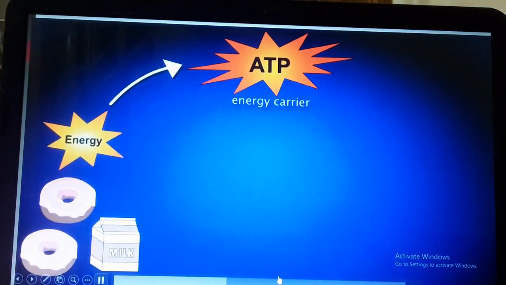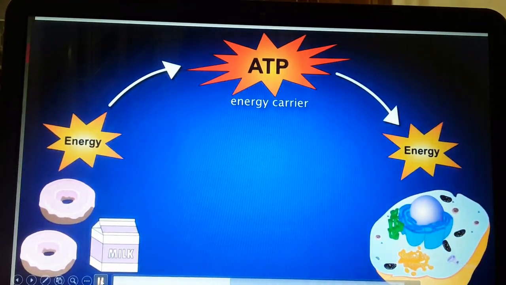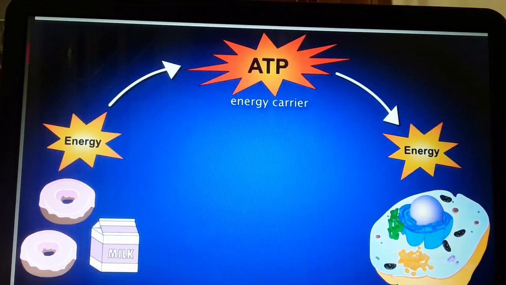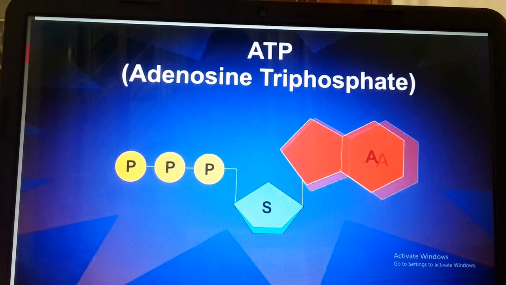This ATP is the energy carrier. Okay, so let's take a look here. We are taking the food, and within the cell it is cleaved to form the energy. This ATP is made up of these three things.